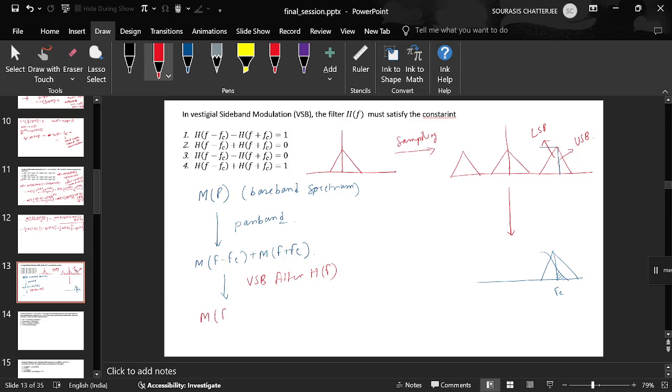So what you end up with is M(f - fc) plus M(f + fc), times H(f), and then again you bring it down to complex baseband for signal processing purposes. So that will lead to this expression: M(f) times H(f - fc) plus H(f + fc).